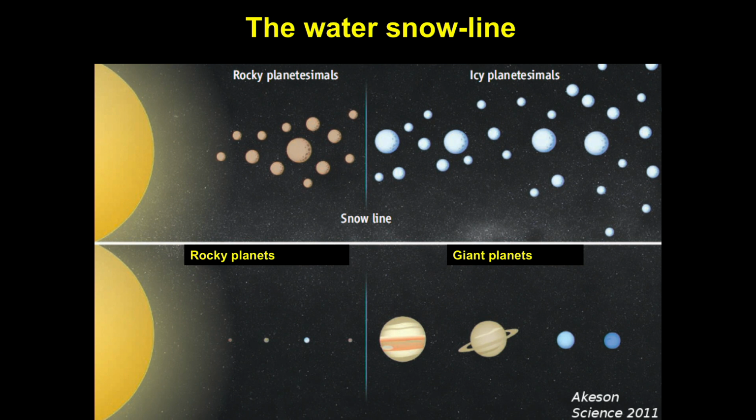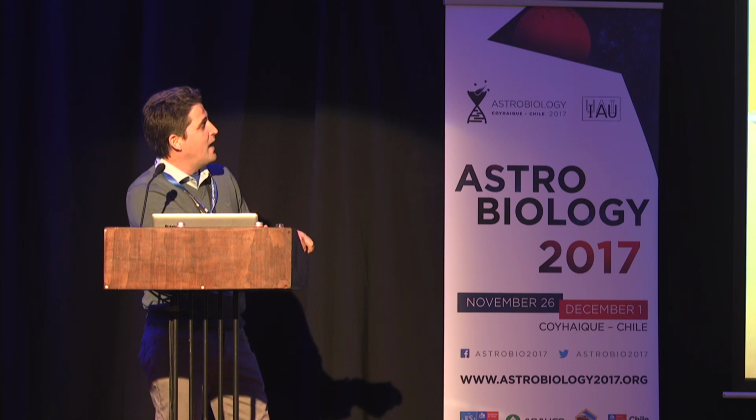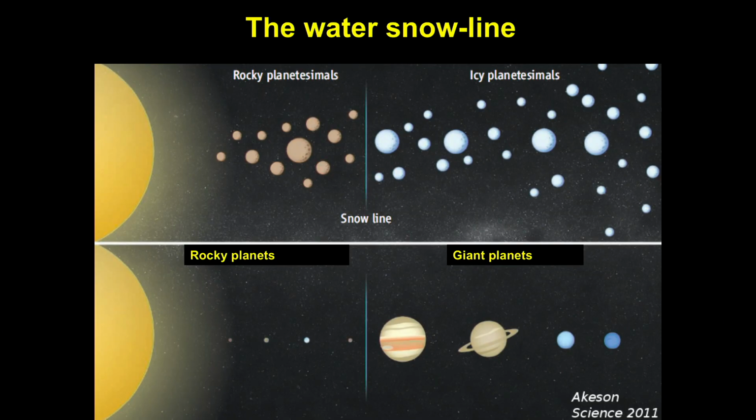The region that divides the dry planetesimals in the disk from the wet icy planetesimals is known as the water snowline, and it's actually very important for the formation of planets because water ice is sticky and allows for a much more rapid growth of planetesimals and allows the formation of giant planets.